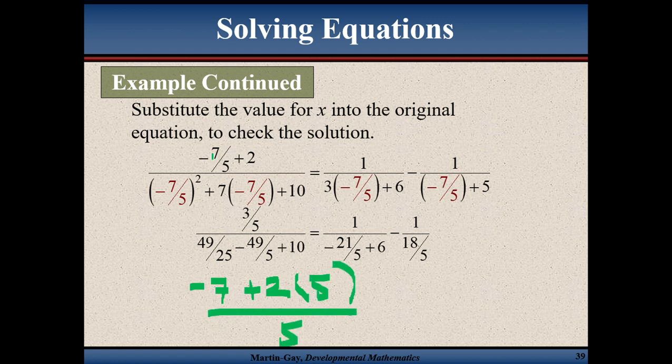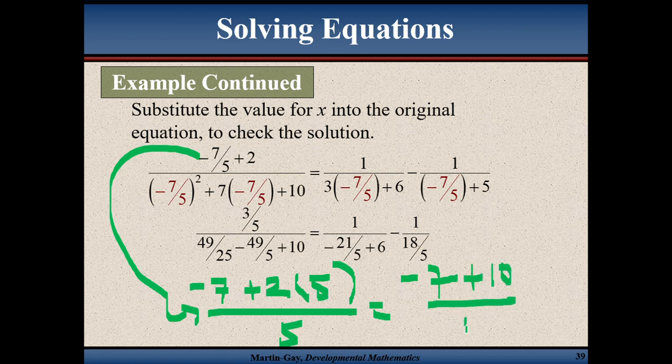Ito pa lang yan, guys. Para nakita nyo kung ano nangyayari. So, negative 7 plus 10 over 5. The 3 over 5. So, 3 over 5. Okay. Pwede ko nang i-erase.